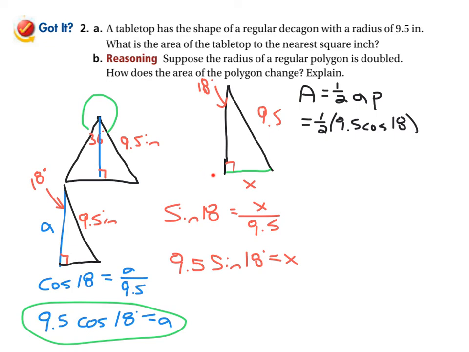So 2x is actually the side length, okay? So 10 sides, each 2x, that's 20x, okay? So we have to do times 20 times, and I'll put it on 2 lines, but it's all multiplied together, times 20 times, and what is x? It is 9.5 times sine of 18.